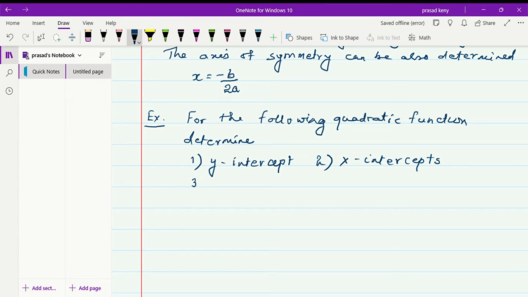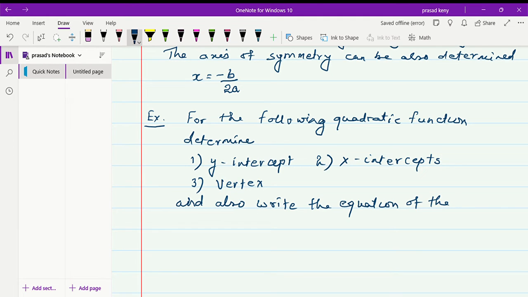Third, the turning point or the vertex, and also write the equation of the axis of symmetry of the graph, and hence sketch the graph.